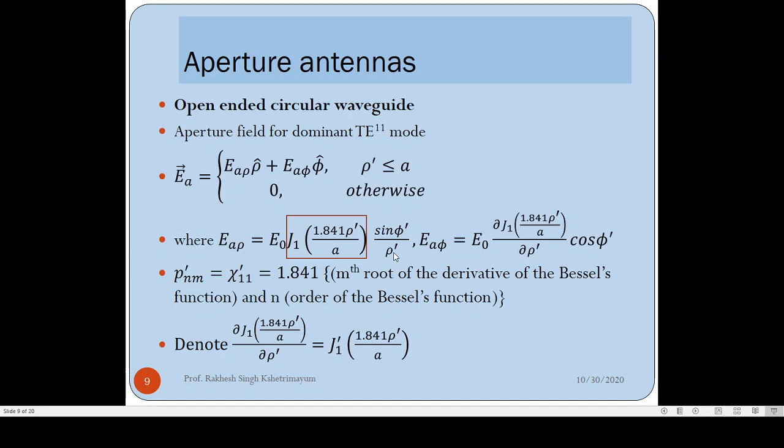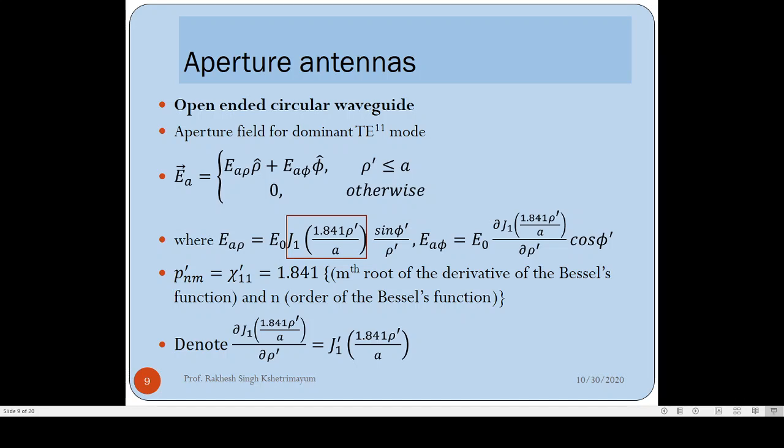Basically, you solve the wave equation for the circular waveguide in cylindrical coordinates, and your solution will be in terms of Bessel's functions. So the rho component of the electric field will be mainly contributed by the Bessel's functions. These are Bessel's functions of the first kind of order 1. By now you already know what Bessel's functions are.